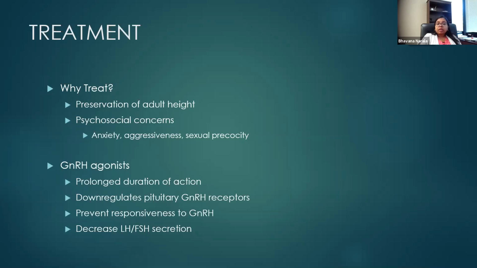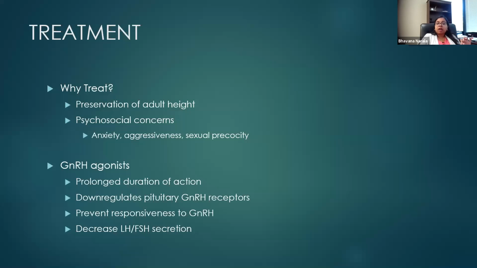So multiple reasons, but ultimately, I had somebody yesterday who said, I'm not going to treat my girl just because of height. I don't know if they'll change their mind, but there's no medical cause. So we're not treating, say, a hypothalamic hamartoma or something with stopping puberty.